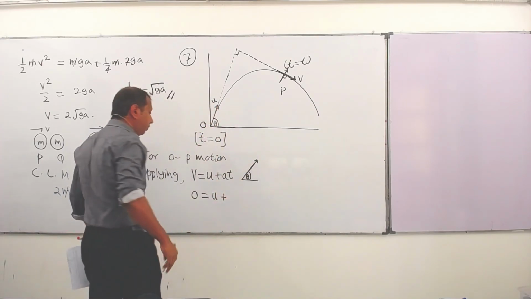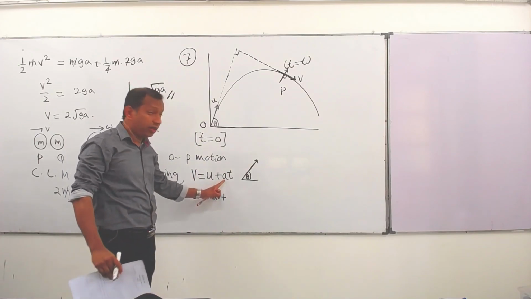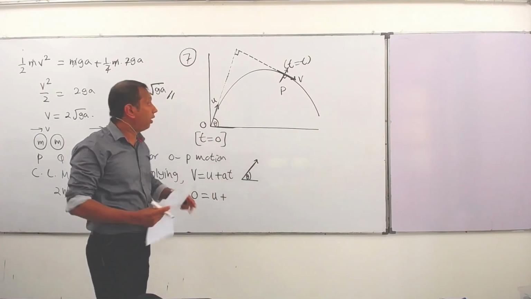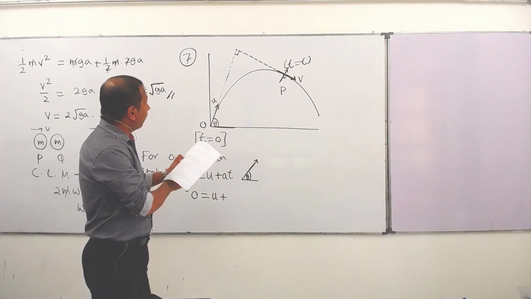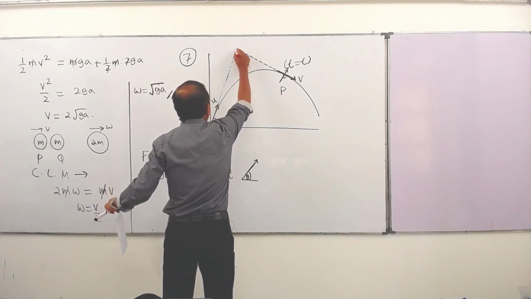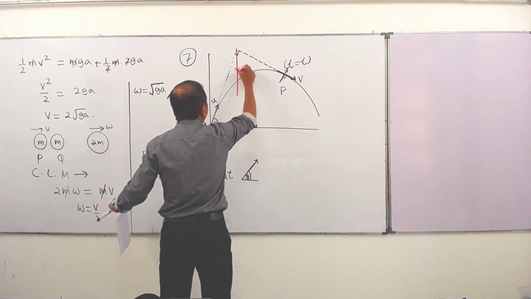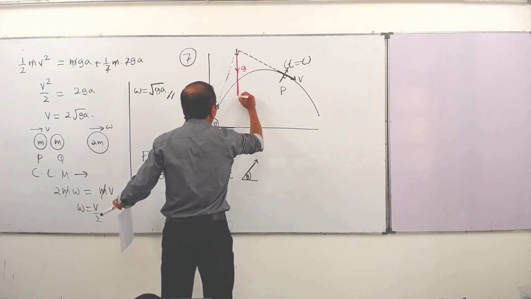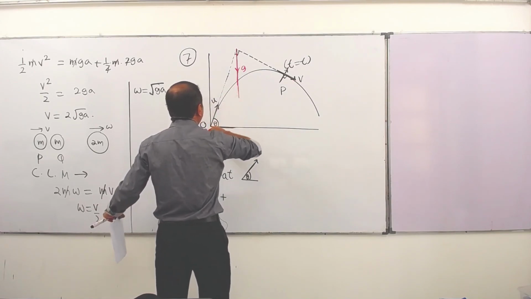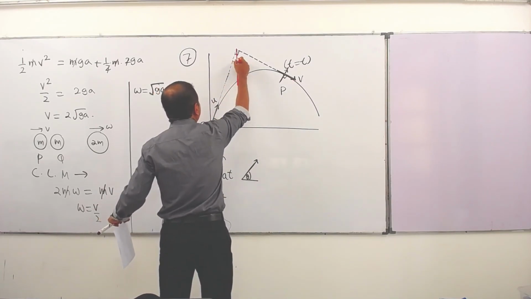Plus, right. Now this A along that direction. You know the acceleration due to gravity points downward, g, no? If this is theta, this is 90 minus theta.